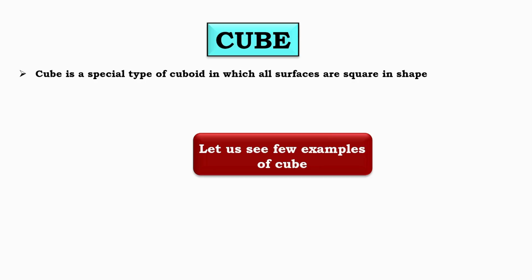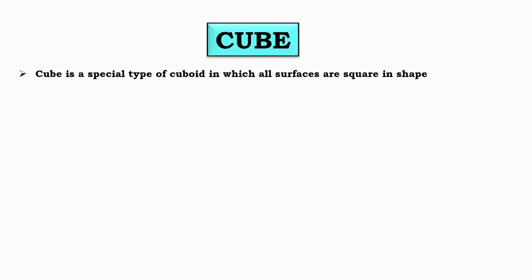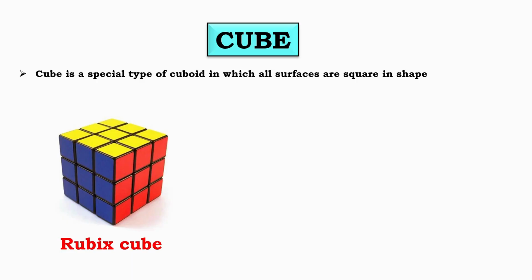Now let us first take a look at some examples of a cube, like the Rubik's cube. You can see that here all the faces are in the shape of a square. A dice is also an example of a cube.